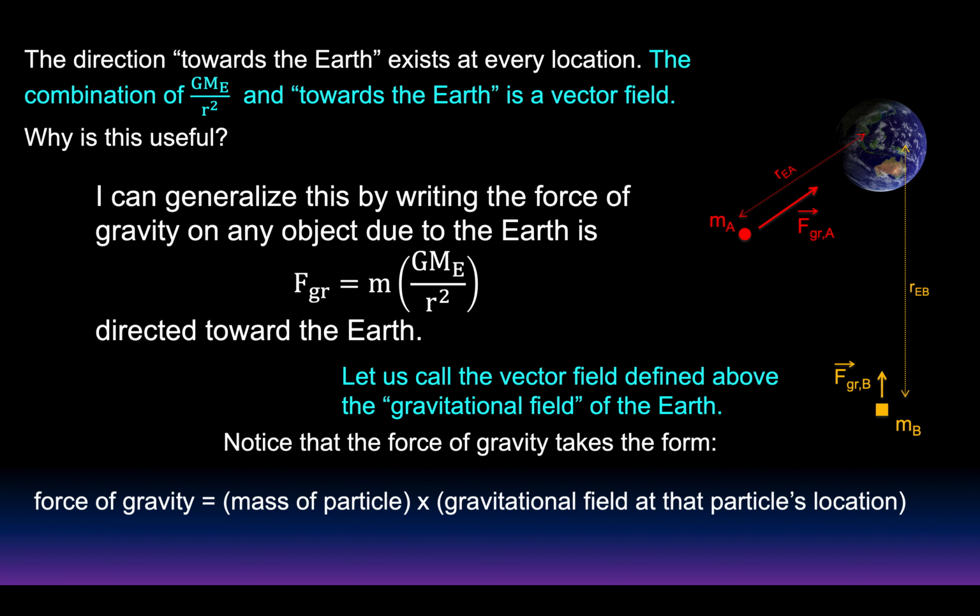Secondly, I would like to point out, when I look at the right-hand side of this equation, I see mass of the particle and I imagine that there is a particle and that particle's mass is a property that is inherent to the particle. Then I look at the second term, the gravitational field at that particle's location. When I see that, I am thinking the Earth sets up that gravitational field.